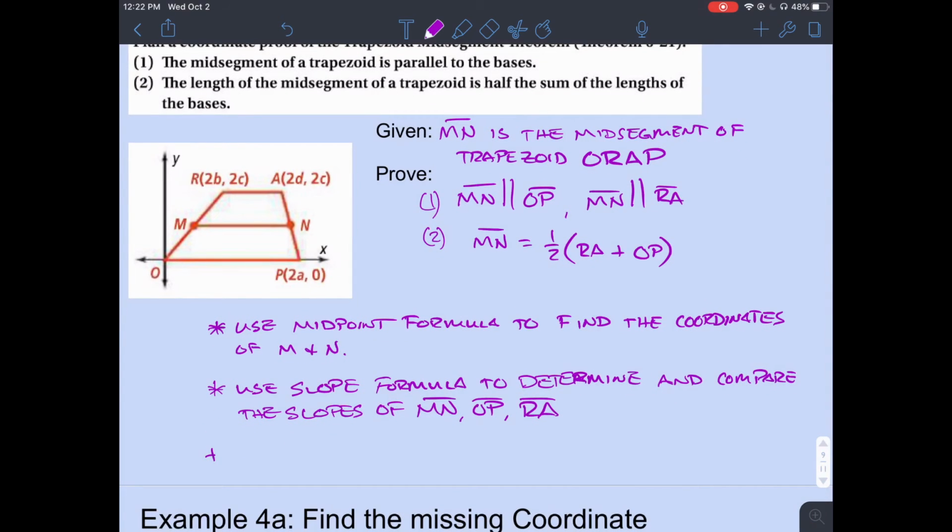So that's how we're proving the lines parallel.